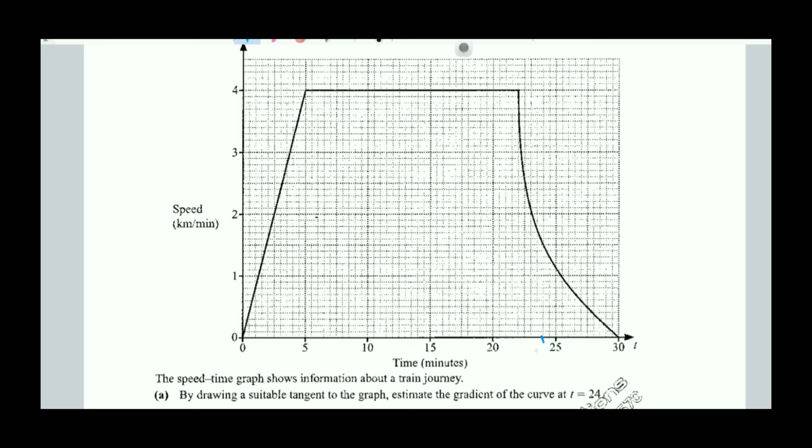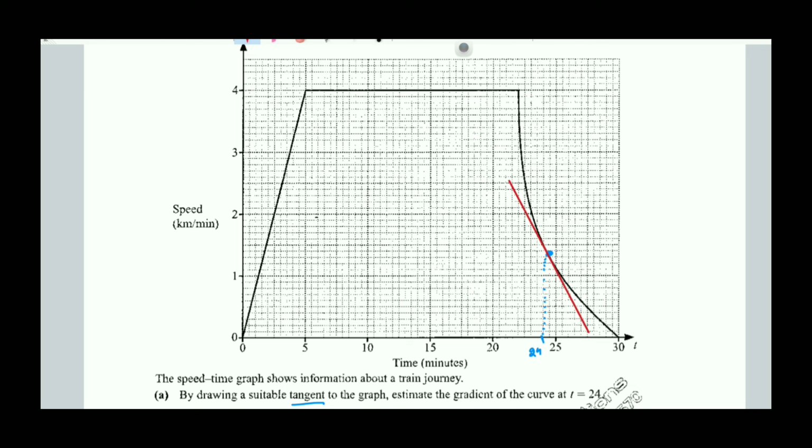This is t is equal to 24. So you will mark it at that line. Now you have to make a tangent here. You can make a tangent by passing a line through like that. This is a tangent.